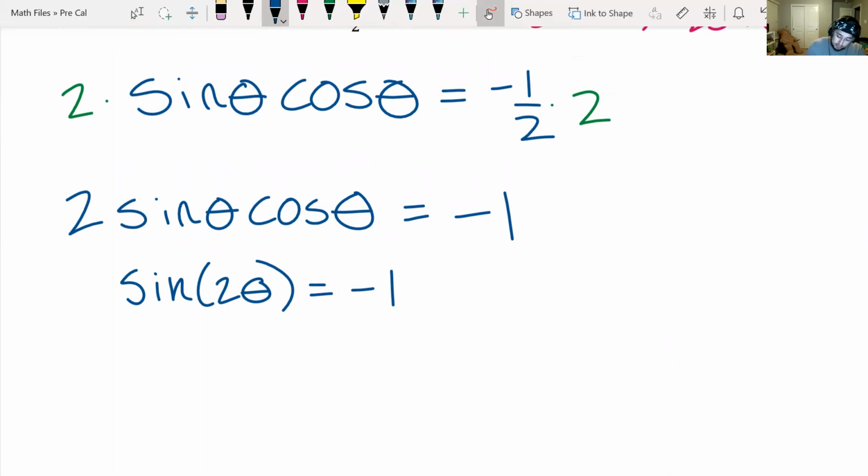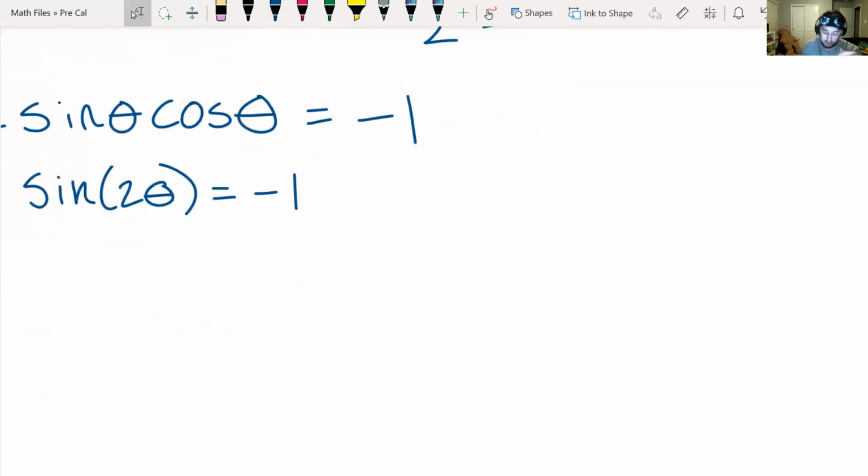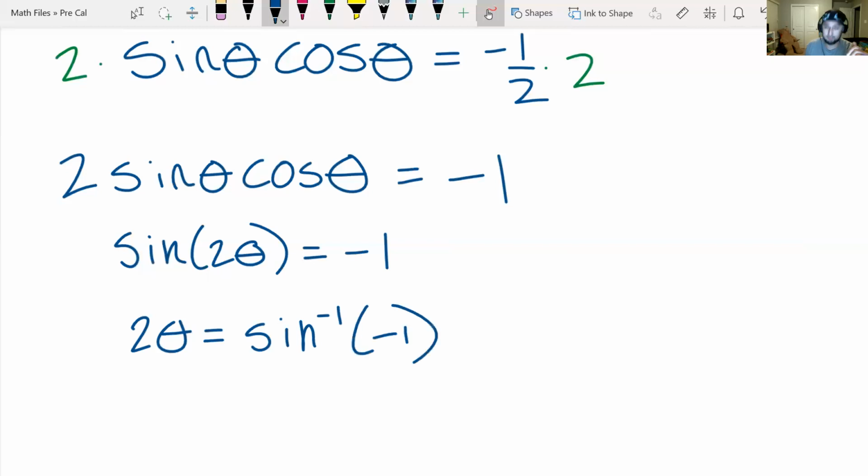Okay. So for sine 2 theta, if I apply the inverse to both sides, I'm trying to see what's a better method. Apply the inverse, but here's the only catch. We have to stay between 0 and 2 pi. So when I say there's a catch, let's apply the inverse and see what happens. I would say 2 theta equal to the inverse sine of -1.